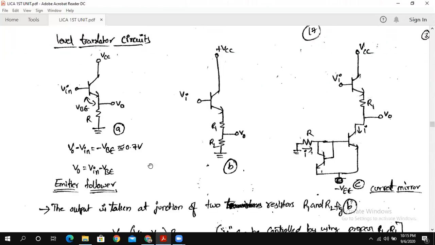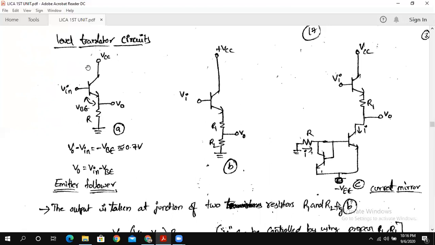Here you can see three different circuits of level translator. The basic circuit uses an emitter follower circuit, in which the input is given to the base terminal, and the output is taken at the emitter terminal of the transistor, which is grounded through a resistor R. VCC is given to the collector of the transistor.